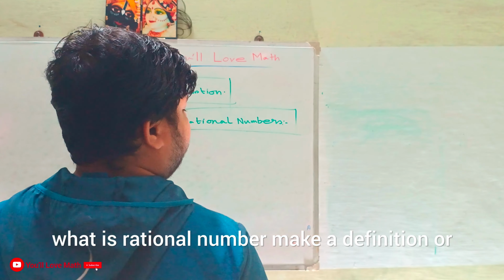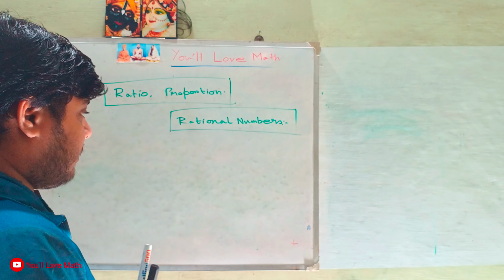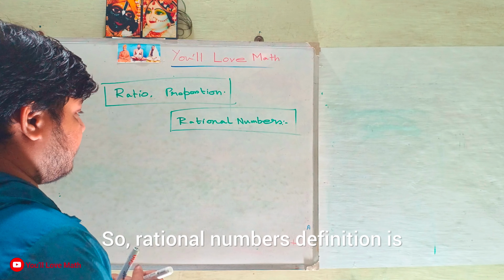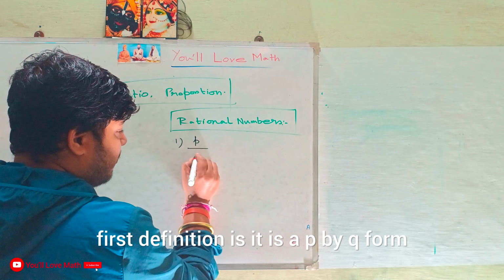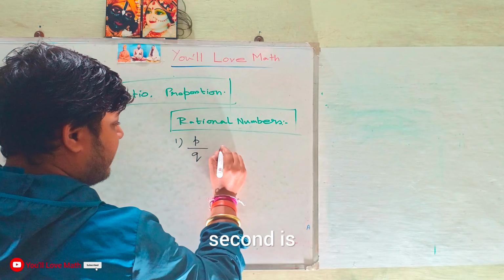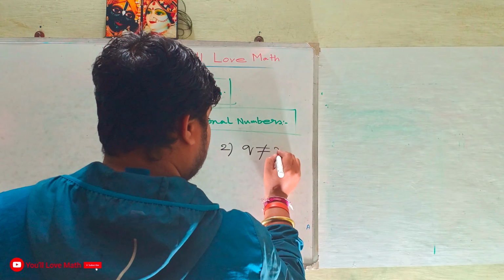Let us learn the definition of a rational number first. The first point is that it is of the form P by Q. Second, Q is not equal to 0.